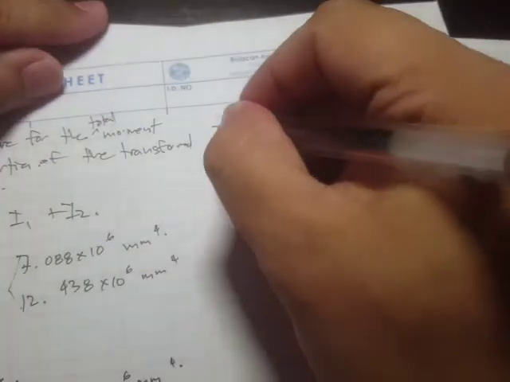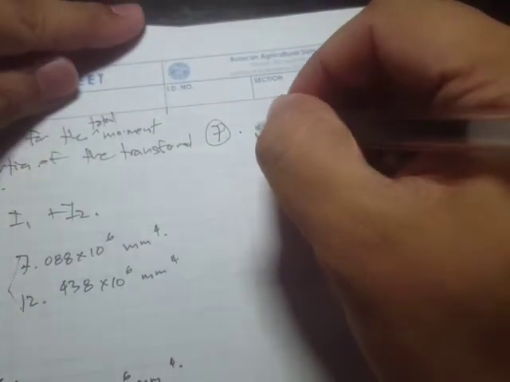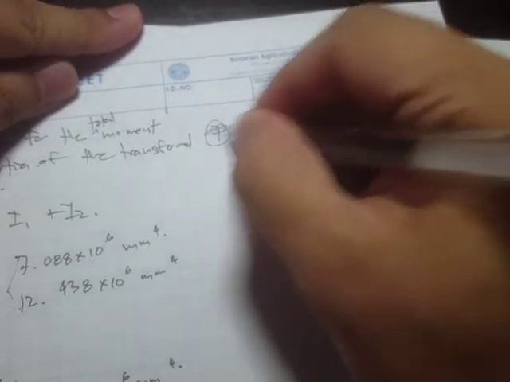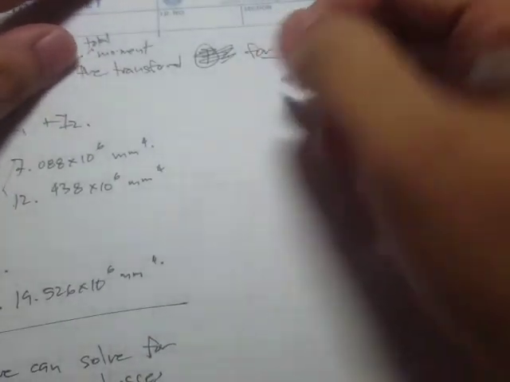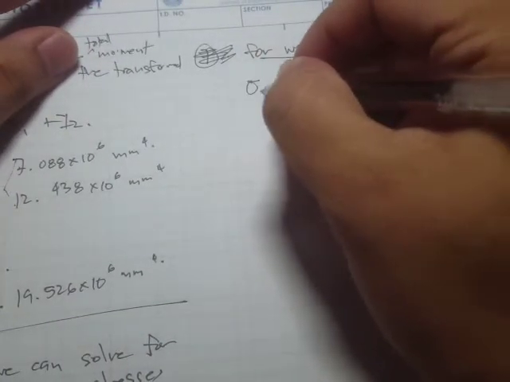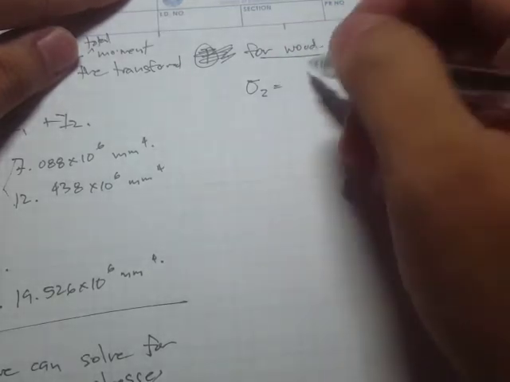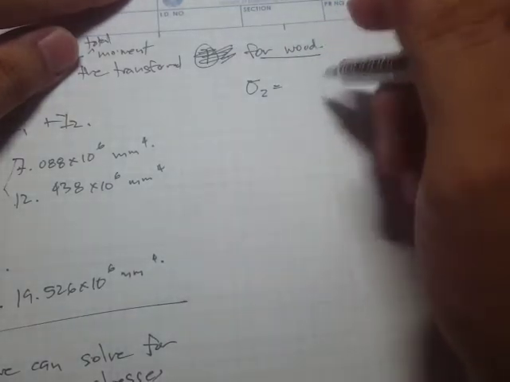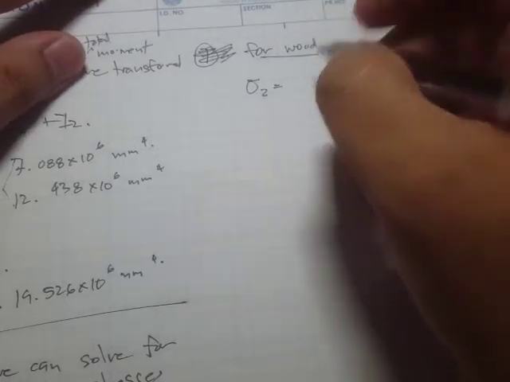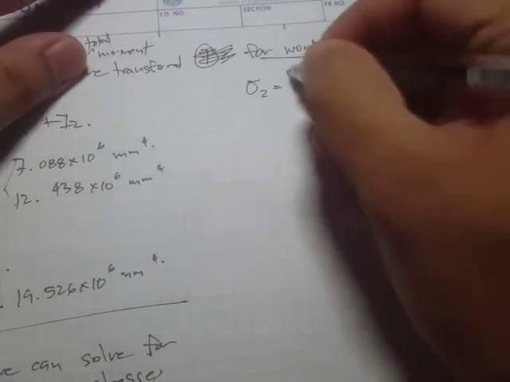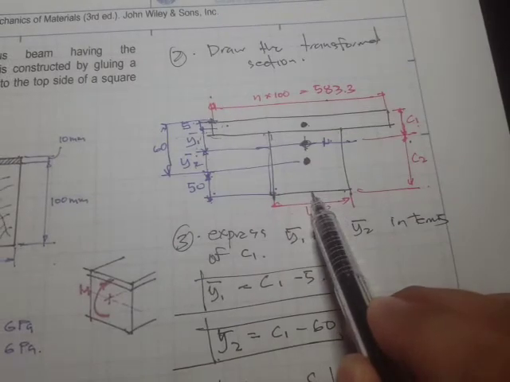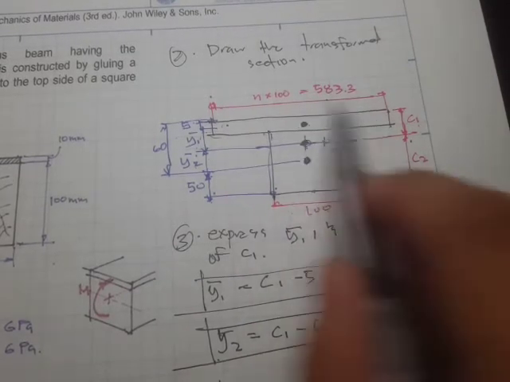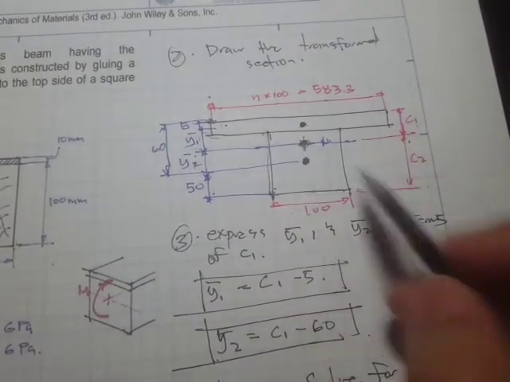Okay, and the next is, oh sorry, for wood. Let's say this sigma 2 is equal to, since it's the reference, we are not going to multiply the modular ratio. This is 3 times 10 to the 6 times the distance from the centroid of the transformed section to this one.